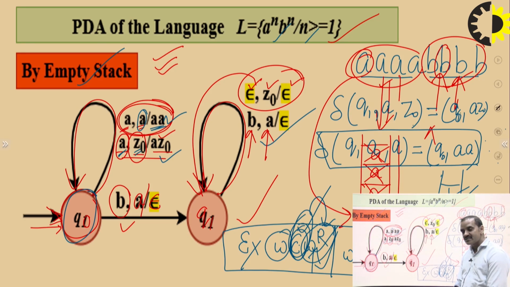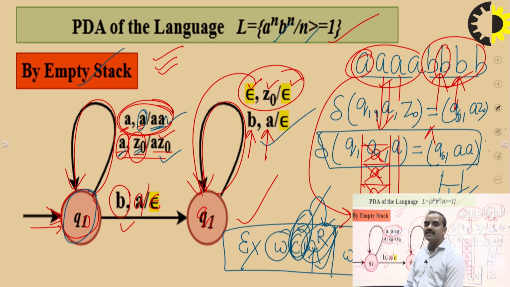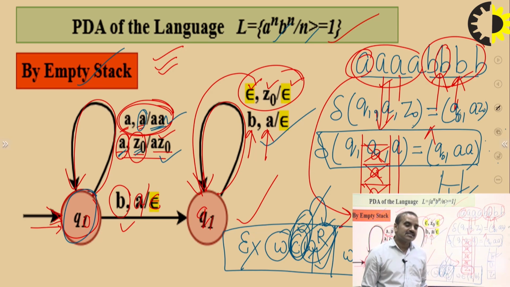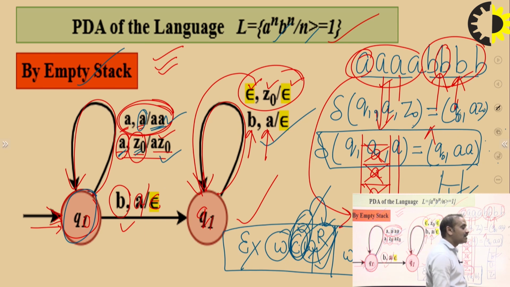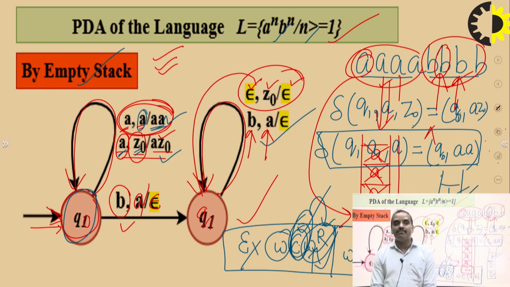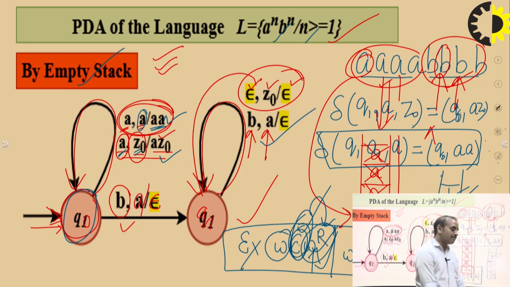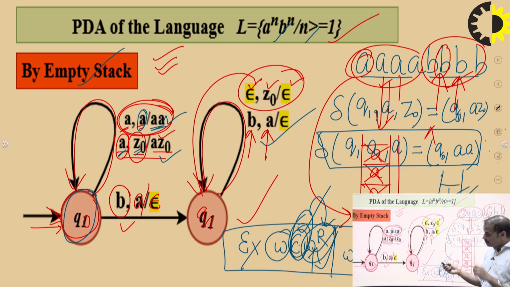That means before C, we push, and after C, we pop. Whatever the symbol encountered, there is no other meaning for the symbol. Here, we push A as well as B before C is encountered, and after C, we pop A with A and B with B, because W and W power R are the reverse of each other. By using these concepts, we pop and reverse the whole string one by one.